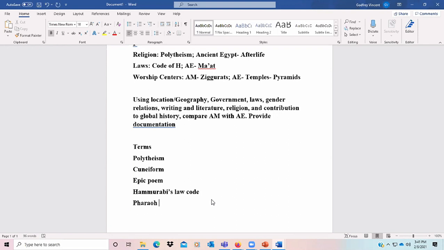So these are some of the terms in chapter 2. For your midterm exam, depending on where we reach, I could choose a couple of terms from each chapter and ask you to write a well-developed paragraph on polytheism.